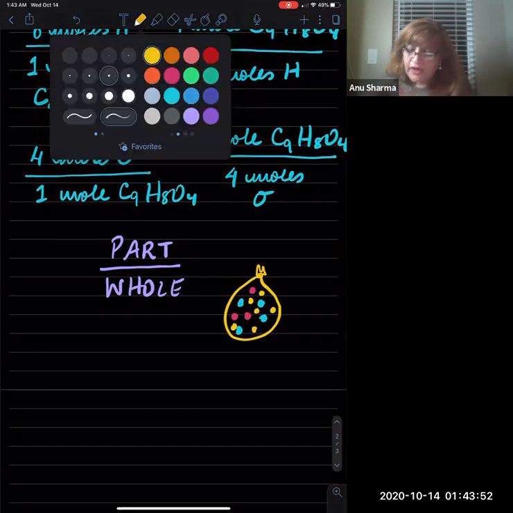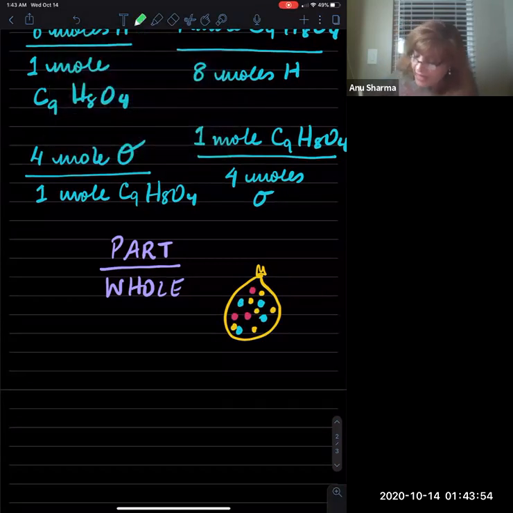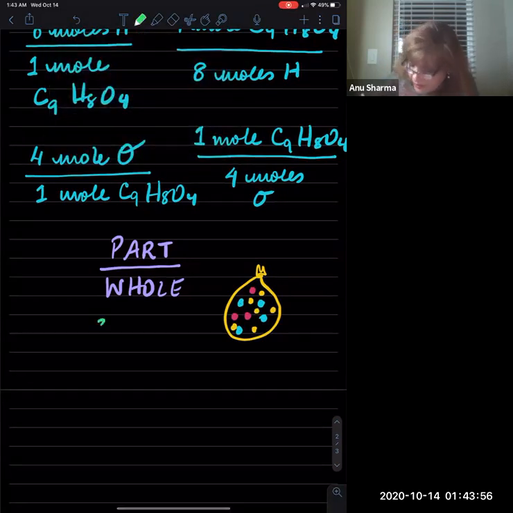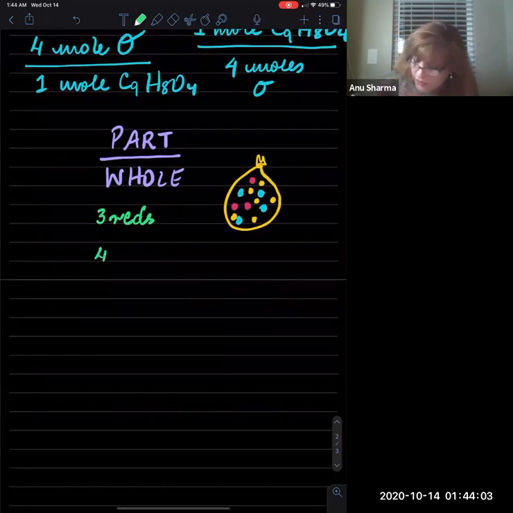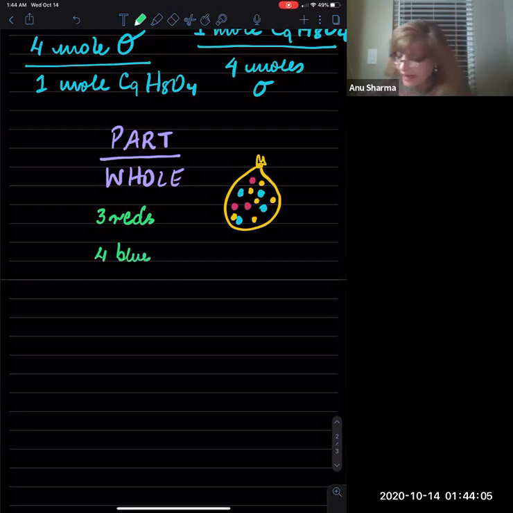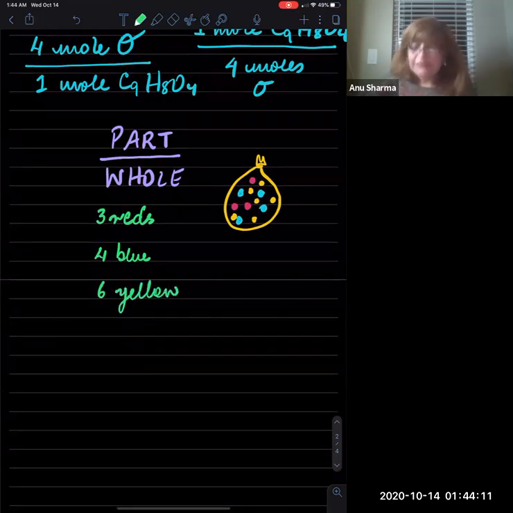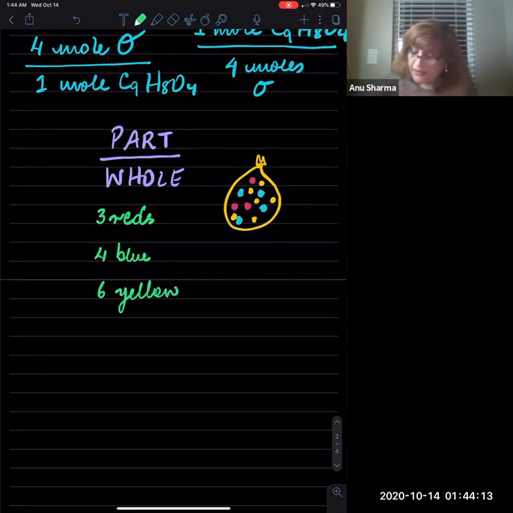Okay, so these are the parts. So we have 3 reds, 4 blues, and 6 of the yellow colors. So all these are big, but these are all the small parts of one bag of candies.